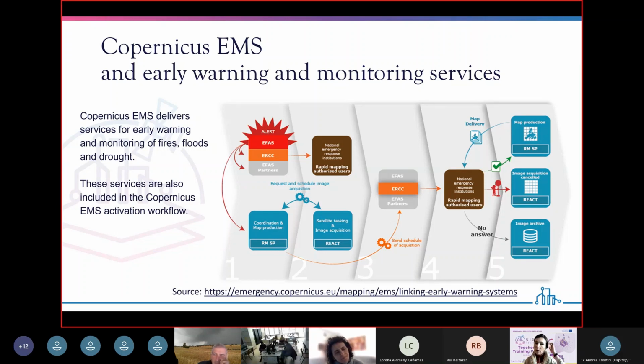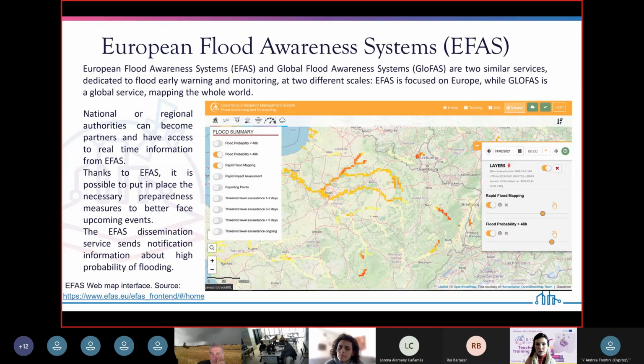So this is how these services are designed in the framework of the whole service. Now we are going to introduce all these services quickly.